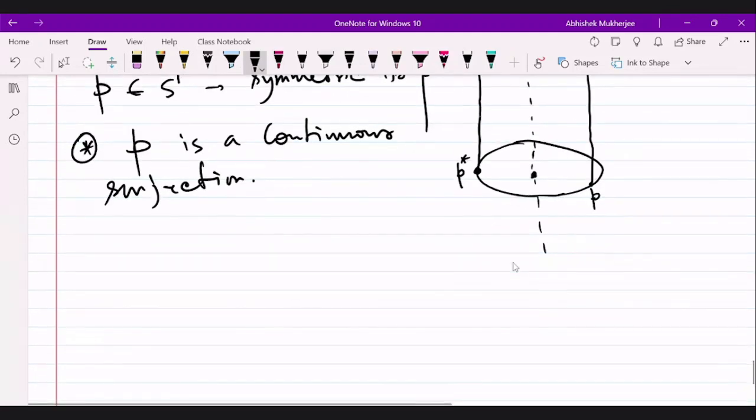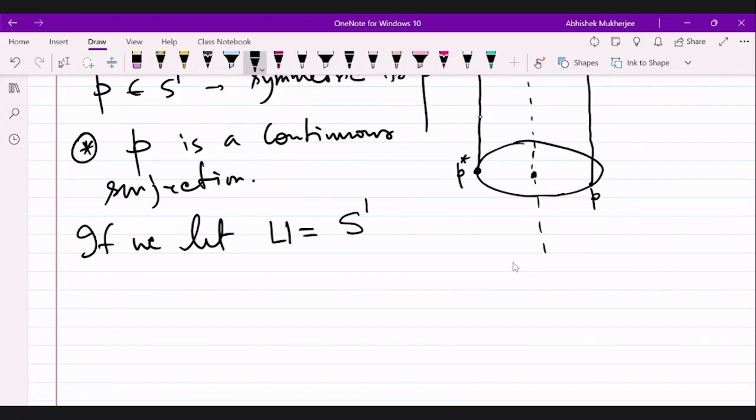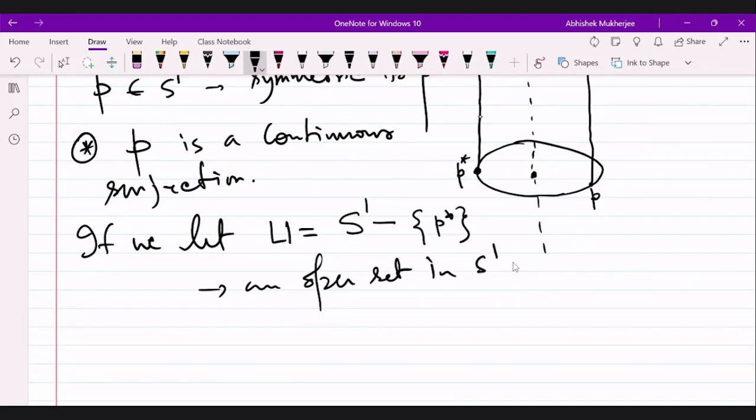Okay. So if we let capital U be S1 minus that P star, that will be an open set in S1, which is equipped with the usual topology that has been induced from R3.